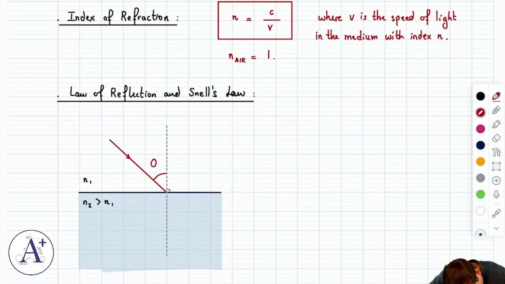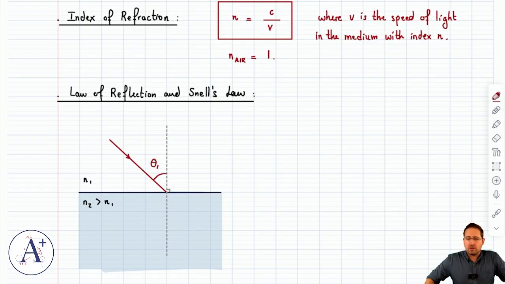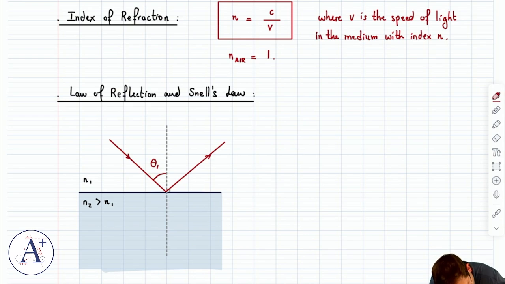So if I call this theta 1, then here I'm going to have a ray of light, and two things are going to happen to this ray of light. Some of this light will be reflected off the surface of the water, something you're probably familiar with. Okay, so this is going to be called the incident ray, and this is the reflected ray.